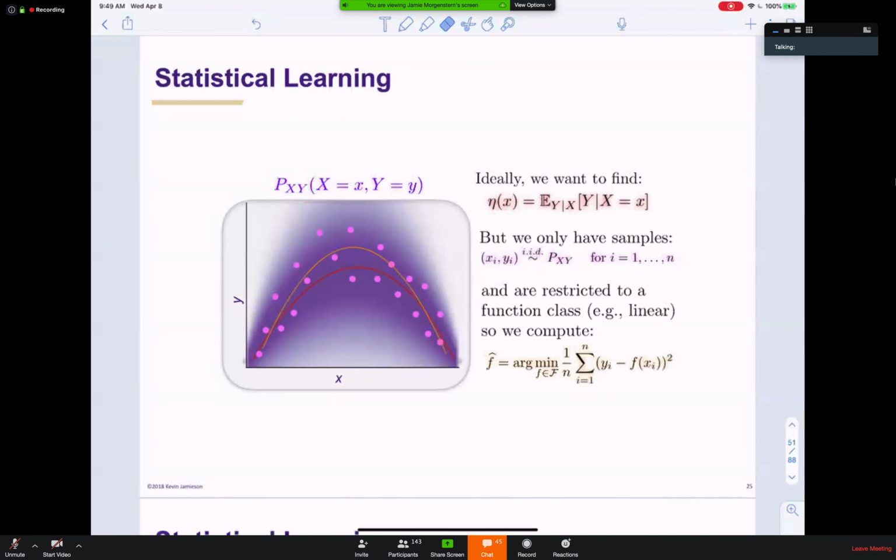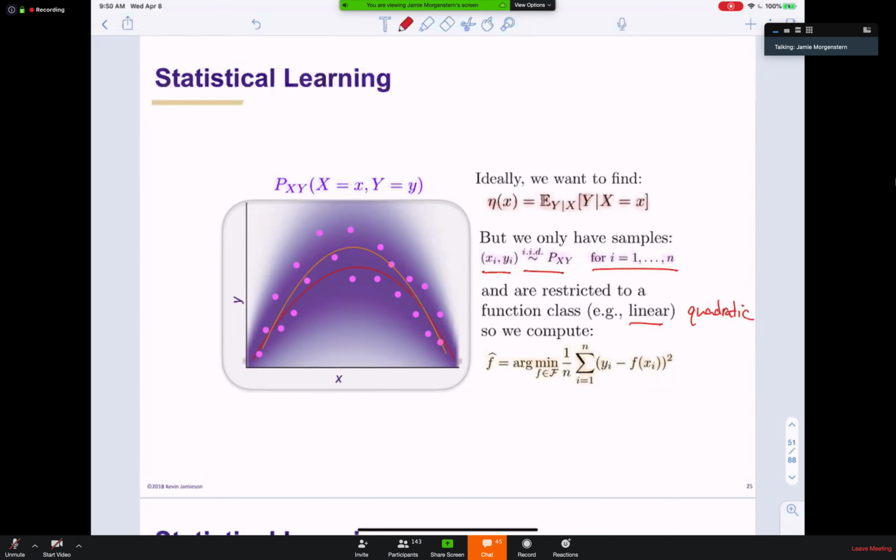So what we have is this collection of IID points drawn from this point cloud, or this distribution. And we're generally considering only picking a function that maps from x to y that's, for example, linear, or in this case maybe quadratic.